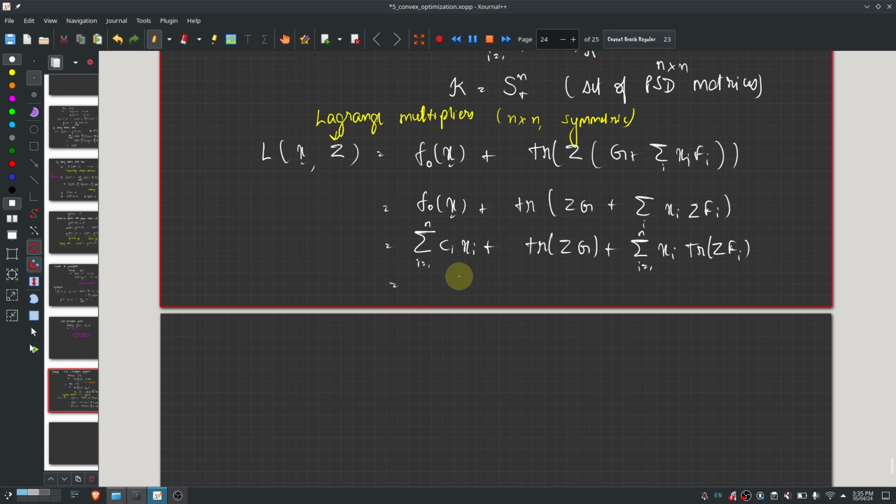Which is equal to the trace of Z times G plus, taking all of the terms that multiply with xi together, summation i equal to 1 to n xi times Ci plus trace of ZFi.